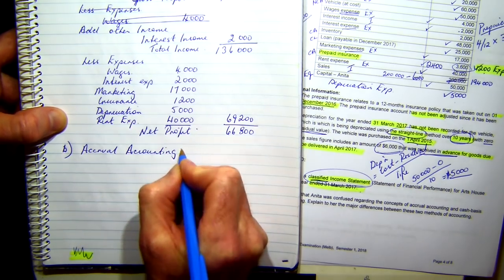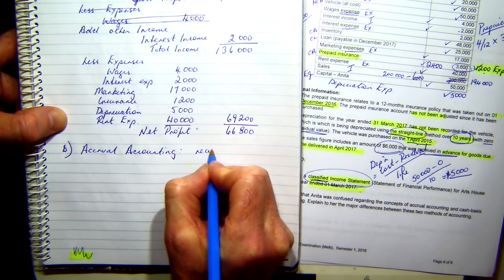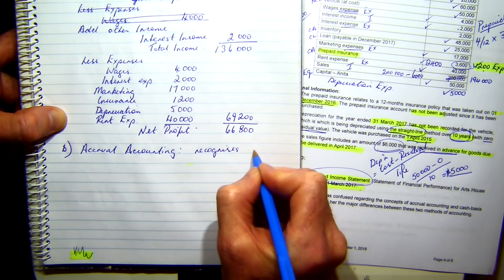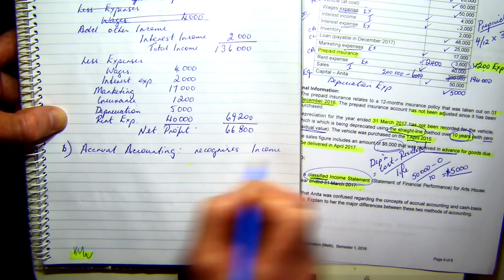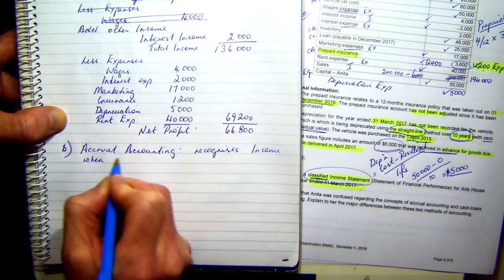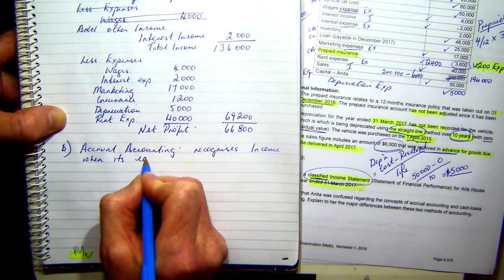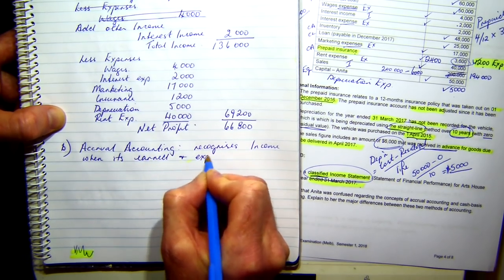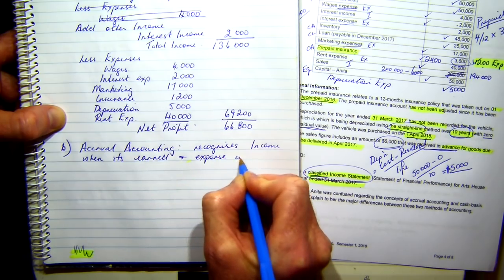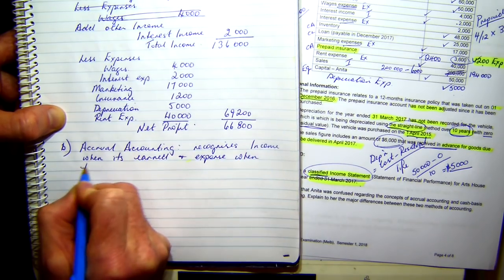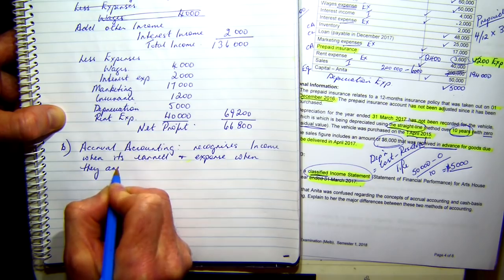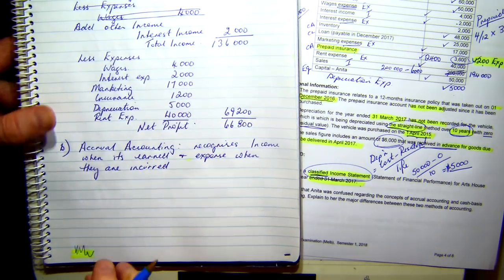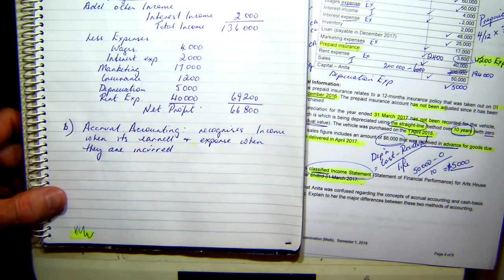So accrual accounting recognises income when it's earned and expenses when they are incurred. Okay, so that'll get you a mark.